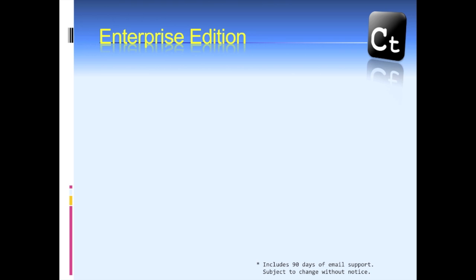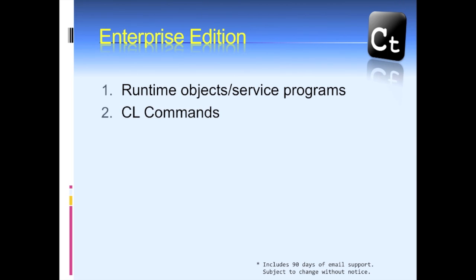The Enterprise Edition, as I mentioned, is our full product. It contains all the runtime service programs, objects, commands, that kind of thing. There are several dozen CL commands available in Cozzi Tools. Those, of course, are included in the Enterprise Edition. You also get, with the Enterprise Edition, all the prototype source code so that you can develop your own applications that take advantage of the interfaces provided by the Cozzi Tools.